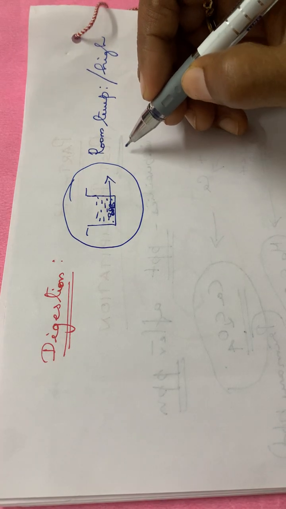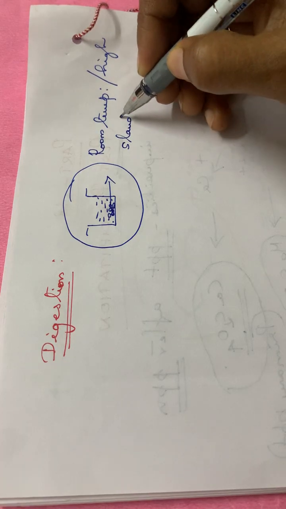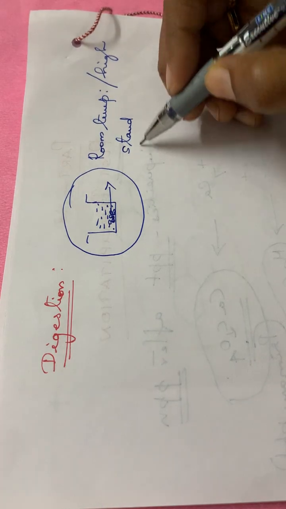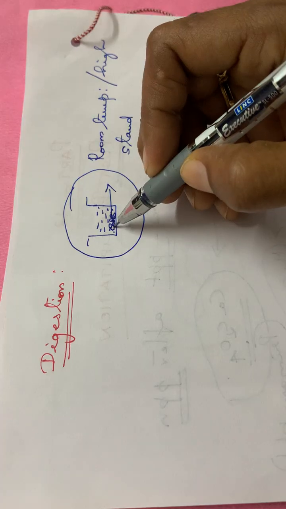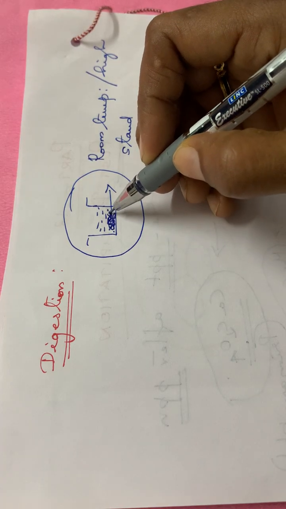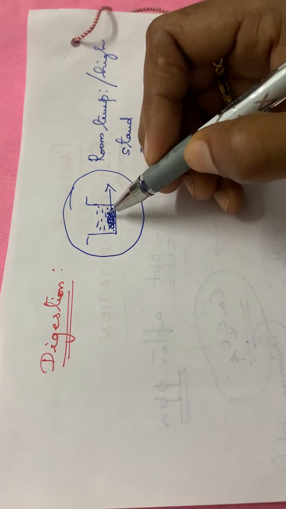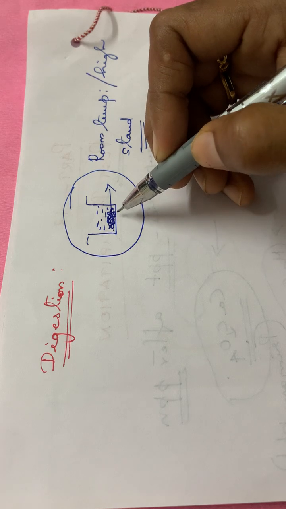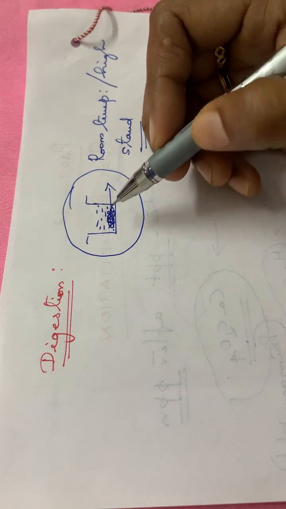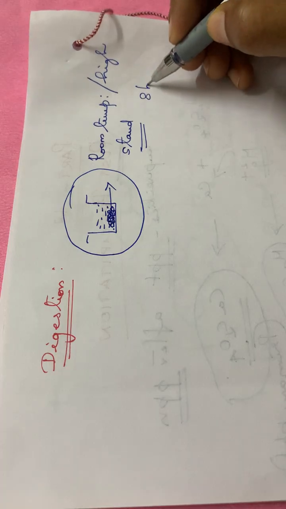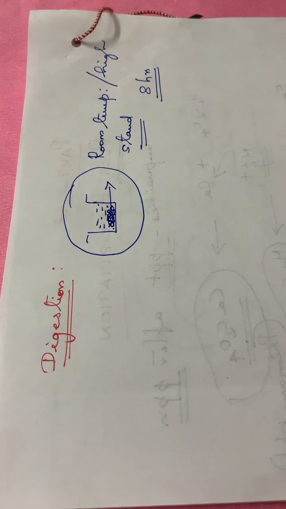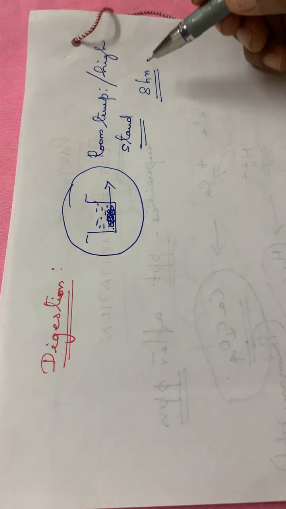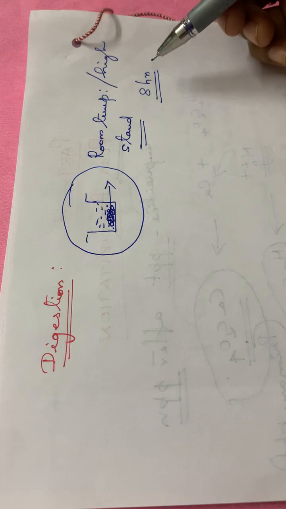By keeping it undisturbed, more precipitate will be formed, or the precipitate will grow as time goes on. Sometimes after preparing the precipitate, we have to keep it overnight or for 8 hours or so.